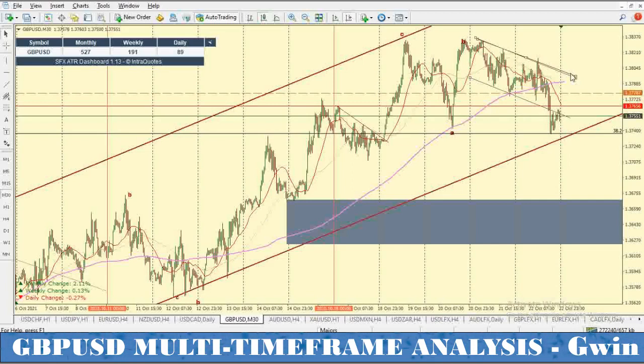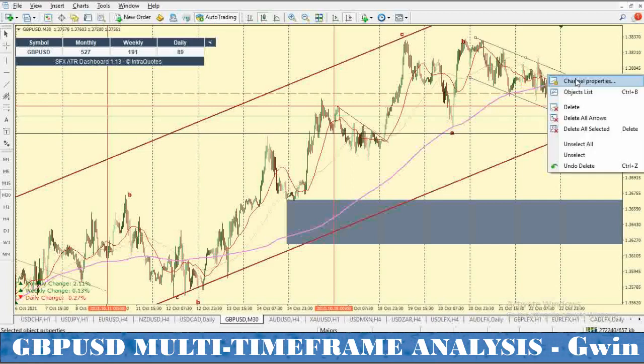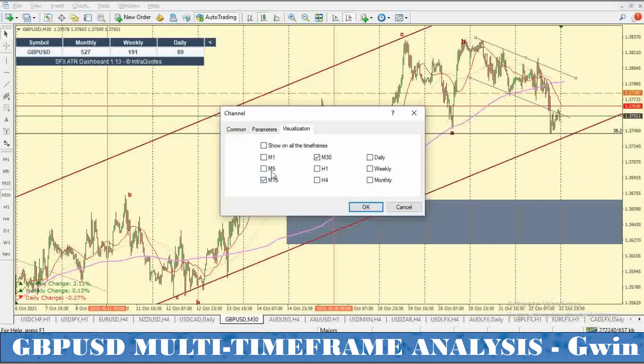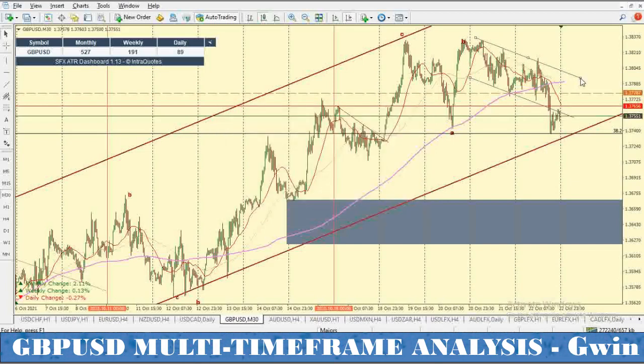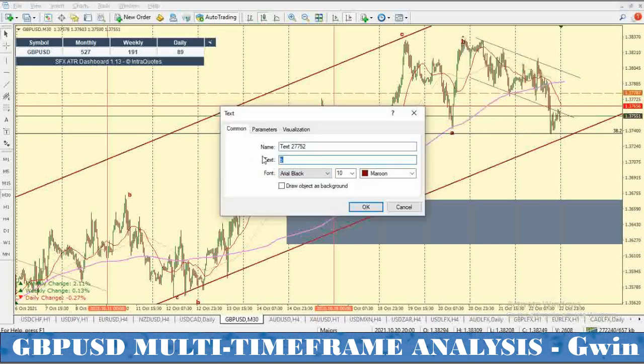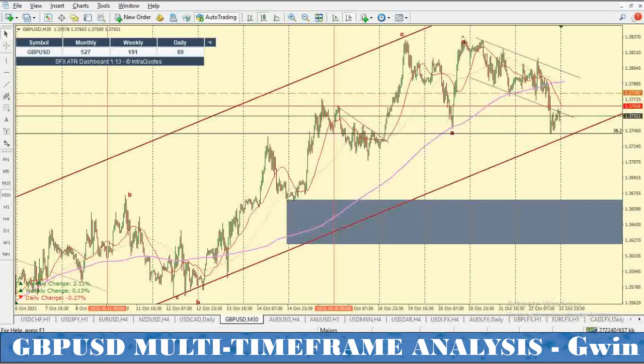So this is more corrective than impulsive. Let me put that in from the higher time frame. This could be our A leg of the internal wave, and this could also be our B leg of the internal wave.